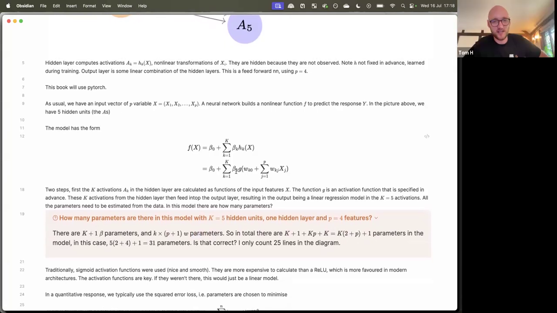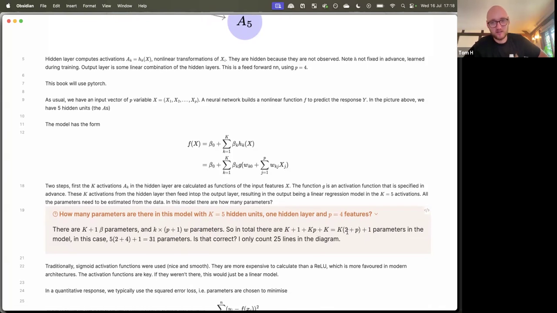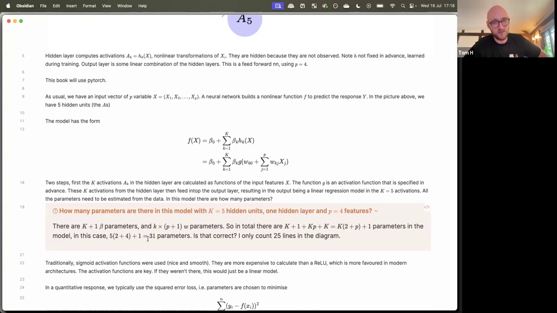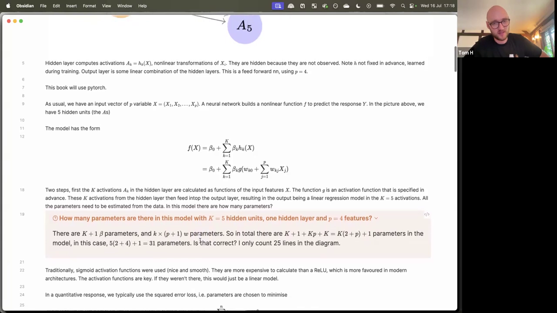So there's k plus 1 betas, because you've got beta naught, and then you've got k betas. And you've got p plus 1 w parameters, because you've got p of them here, another one there, and you've got k lots of them in that sum. So you have this many in total. In this case, you have 31 parameters.